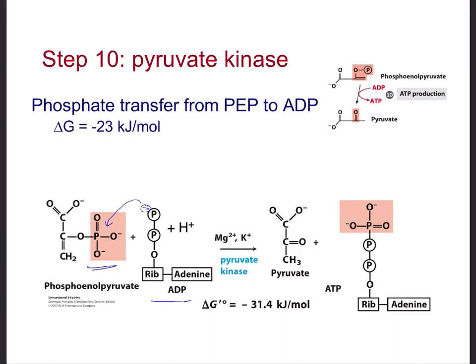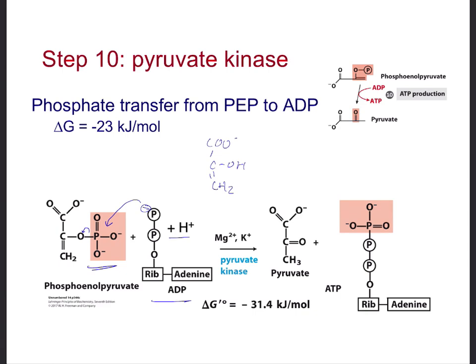That leaves us with a negative charge on that oxygen there, which picks up a proton, and it gets converted into the enol form that we see here. So that would be the enol of pyruvate.